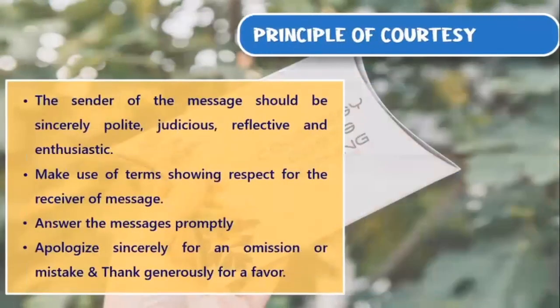The sender of the message should be sincerely polite, judicious, reflective, and enthusiastic. Make use of terms showing respect for the receiver of the message. Answer the messages promptly. Apologize sincerely for any omission or mistake and thank generously for any kind of favor.